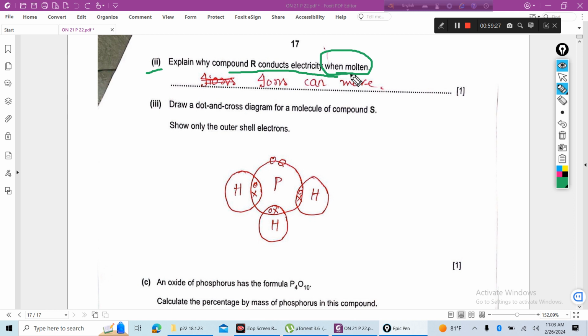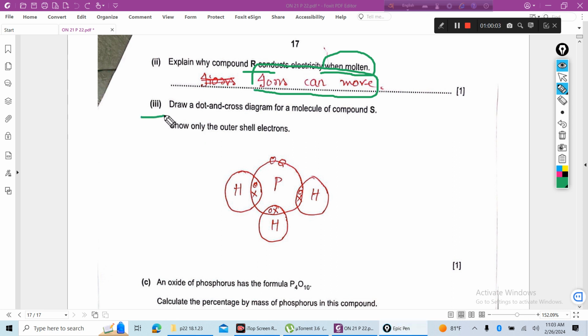Ionic compounds conduct electricity when molten because in the molten state the ions can move. The ions become free to move in the molten state. But in the solid state, the ions are in fixed positions. They cannot move. That's why when molten, compound R conducts electricity, because ions can move freely.